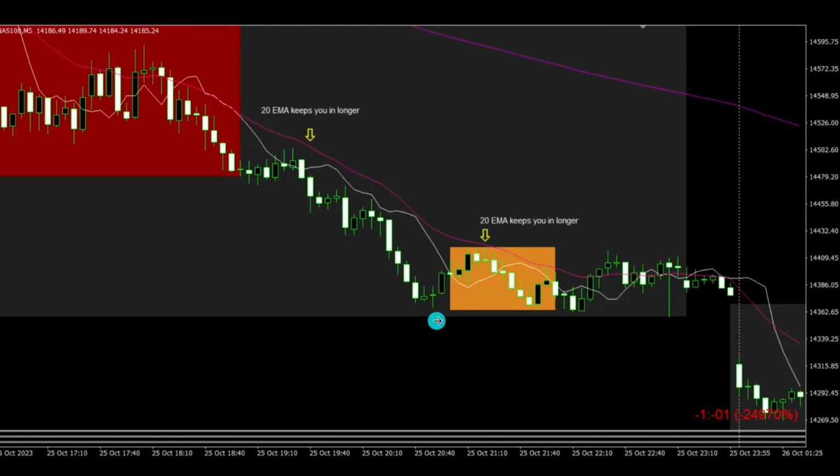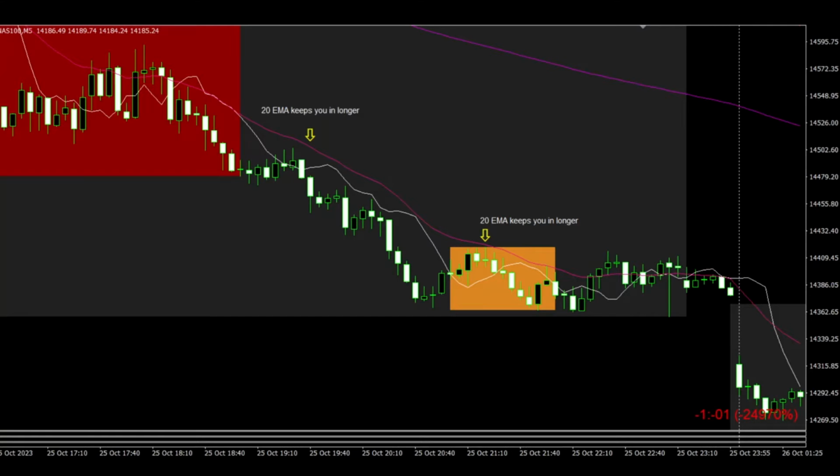As we see with the 4-period EMA, this is a good entry because it closed below, or you could wait for the retracement back in and you're still below the 4-period EMA. And you can stay in the trend with that 4-period EMA, but this would have taken you out of the 4-period EMA. This candle right here, it closed above the 4-period EMA.